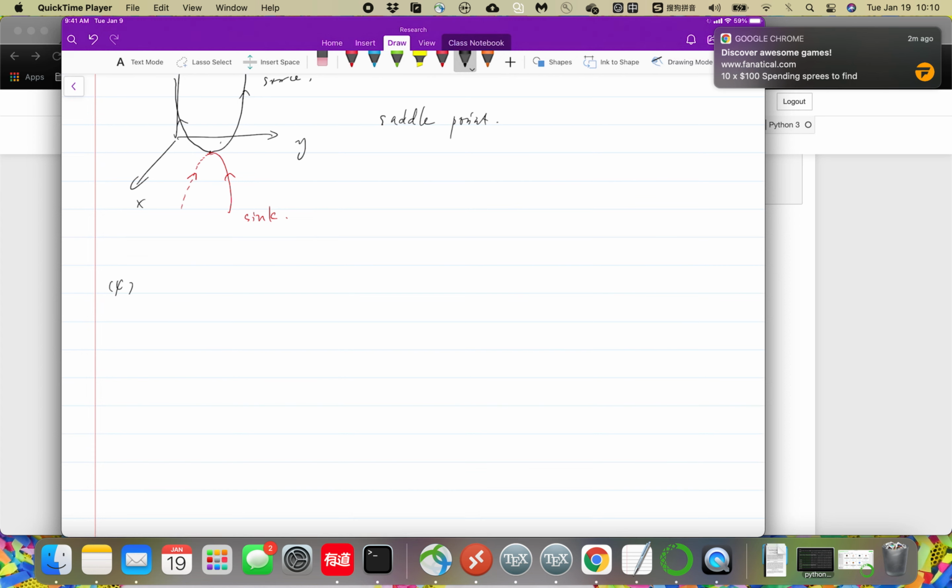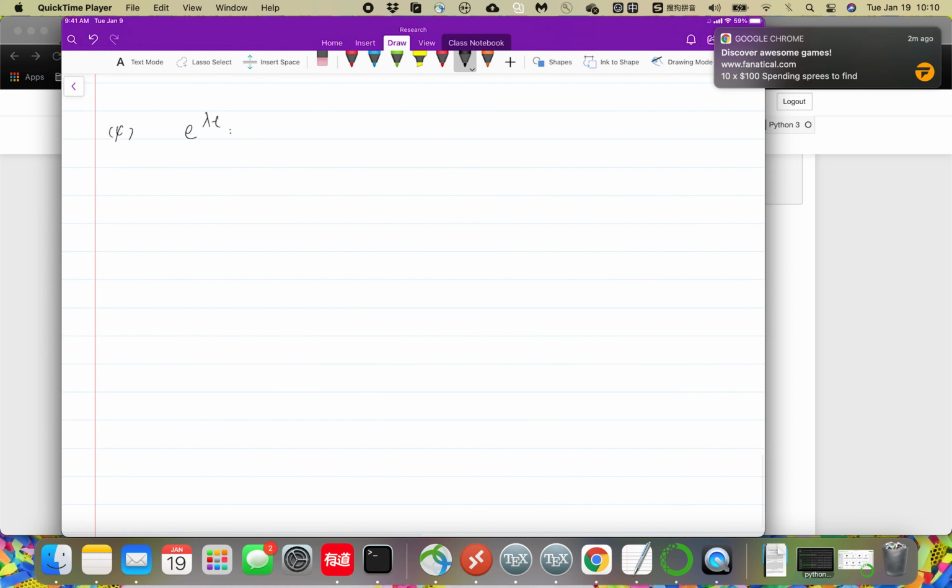So finally, how to interpret e to the lambda t? That's another very interesting question. So if you already have one direction, you have another direction, right? Basically, lambda tells you how fast these two things go to 0, 0. For example, let's say lambda 1 equals negative 2, and lambda 2 equals negative 3.